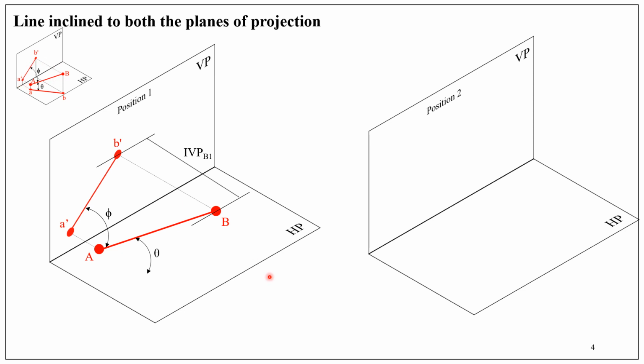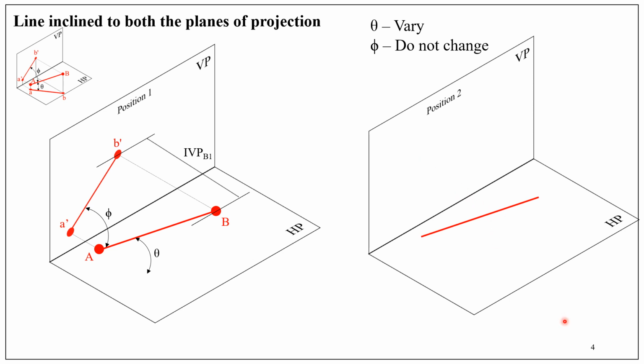Now we are going to rotate the line. This time we are going to vary theta and keep the value of phi as such. So phi is unaltered. Theta is varied. For reference, the actual position of the line AB is drawn here once again. This line is inclined at theta to the HP and phi to the vertical plane.